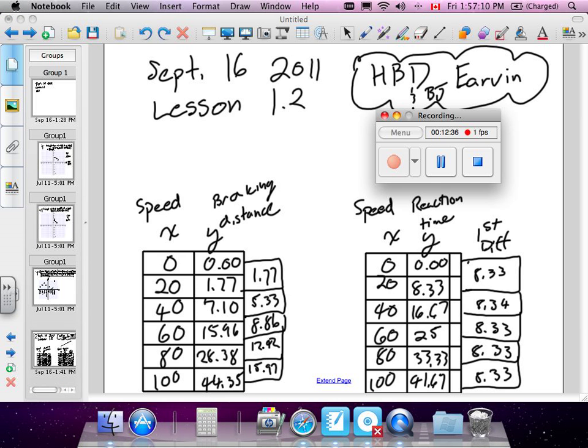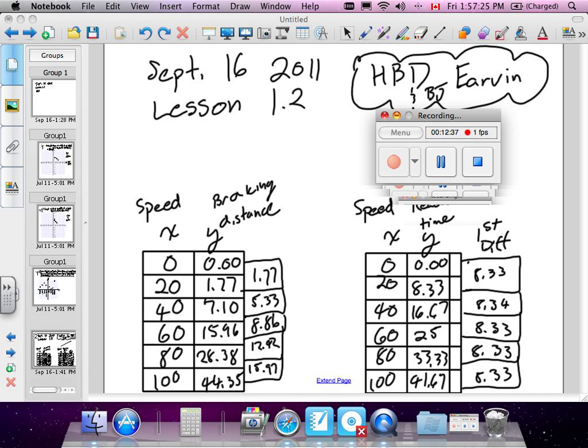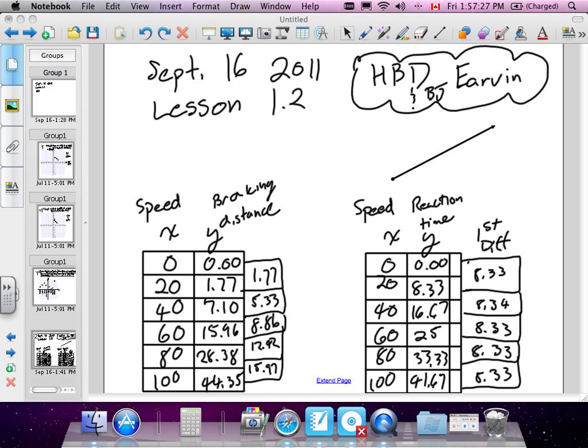Okay, so when I found the first differences here, it turns out none of these were the same. I got a different value for every single one. So because I got a different value for all of these, we know that we do not have a linear relationship.